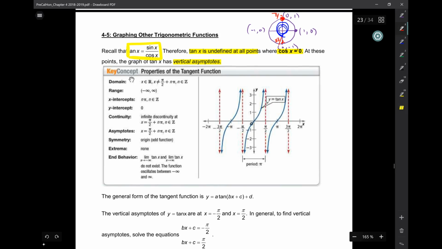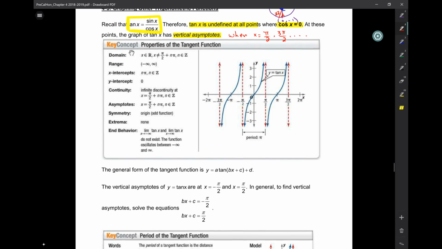So this is when x is pi over 2, 3 pi over 2, and so on. And the same with negative pi over 2, negative 3 pi over 2, negative 5 pi over 2. So at each of the pi over 2's, there are vertical asymptotes.